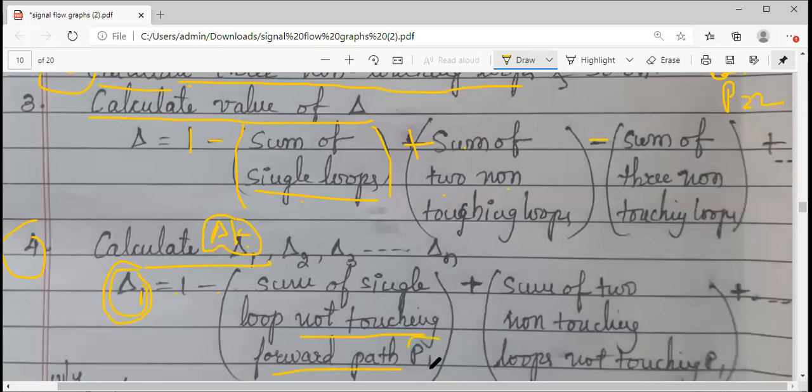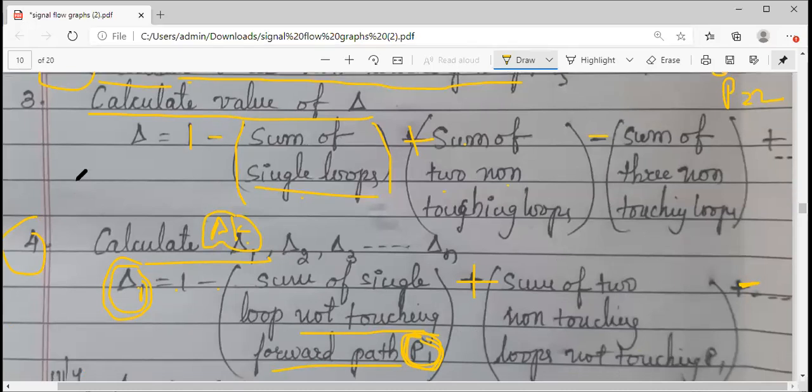Delta 1 goes with forward path 1. If I want delta 2, it will be forward path 2. If it is delta 3, it will be forward path 3, and so on. This is also alternate plus and minus. Sorry, it is minus. Then this is your single loops, this is your two non-touching loops, then three non-touching loops. It will continue.